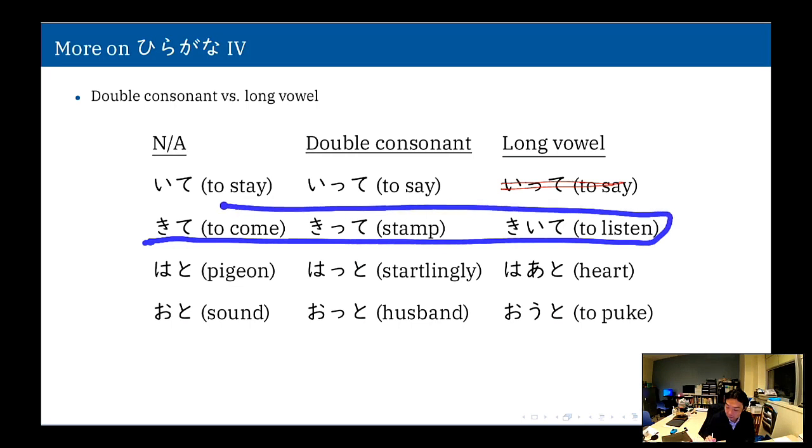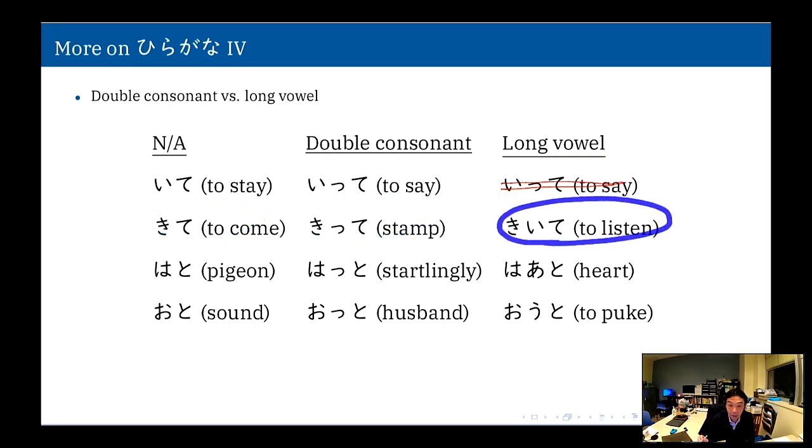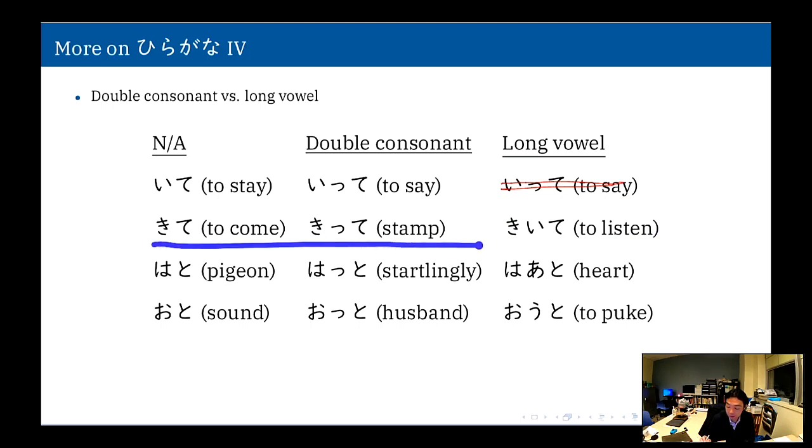So this sequence: kite, without anything, meaning to come. With a double consonant, it becomes kitte, meaning stamps. If it's with a long vowel, it's kiite, to listen. So I'm going to say one of them, and you tell me which one I said. Either to come, stamps, or to listen.